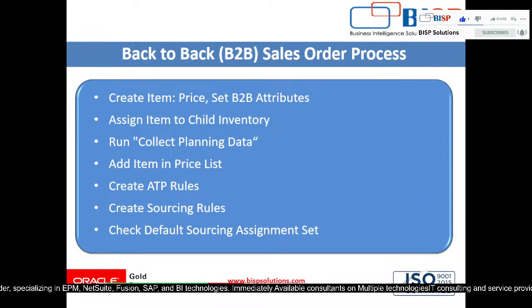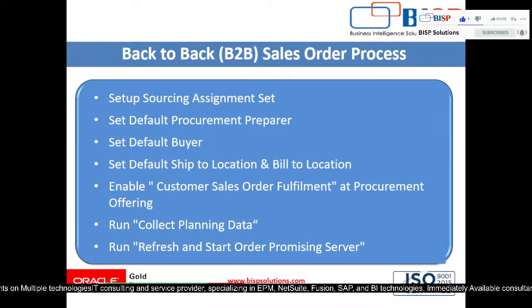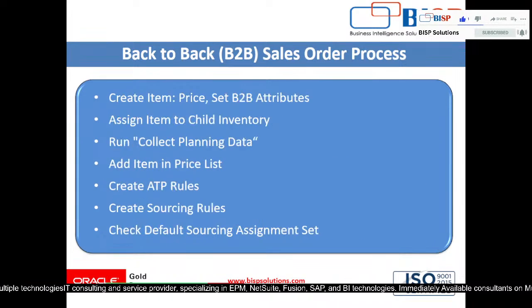If your item is created, you define the price, you set the B2B attribute, and you assign the item to the child inventory, all this information we have to synchronize with order management. In that way we have to perform Collect Planning Data. We have one more task, that is Refresh and Start Order Promising, which we will perform later.